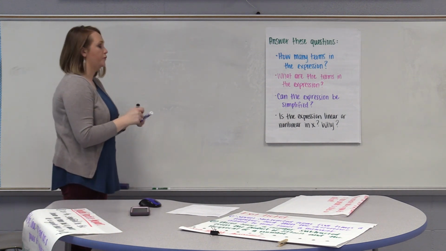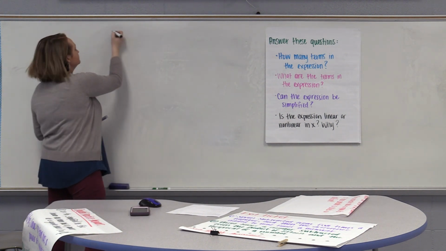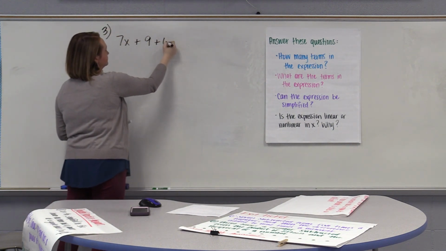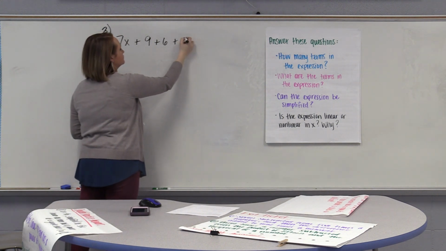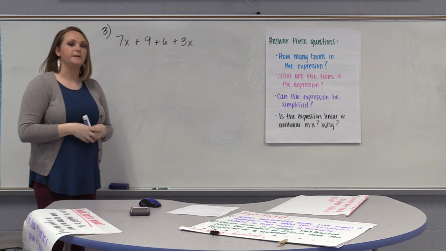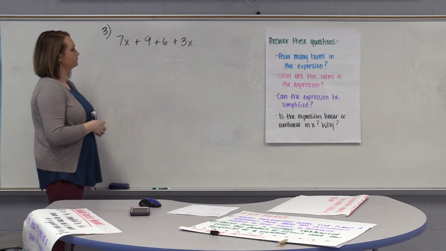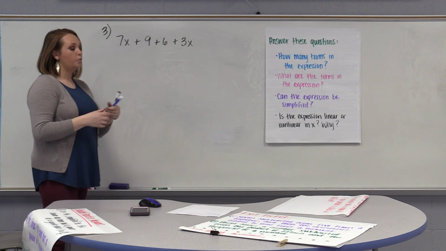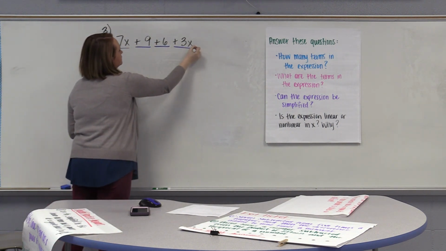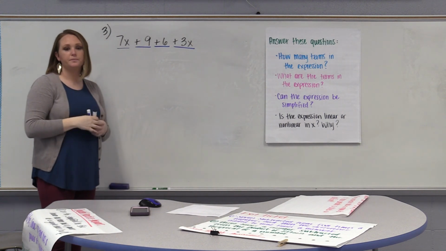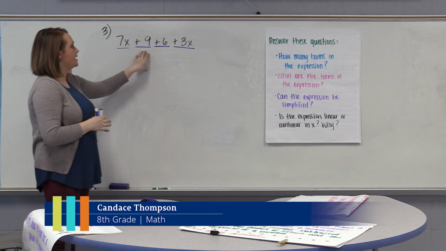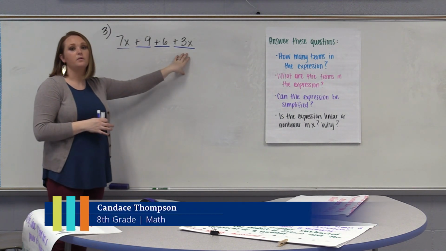Let's look at example 3. Again, we're going to answer our questions. How many terms do you see in this expression? We see 4 as it is currently. What are the terms? 7x, 9, 6, and 3x.